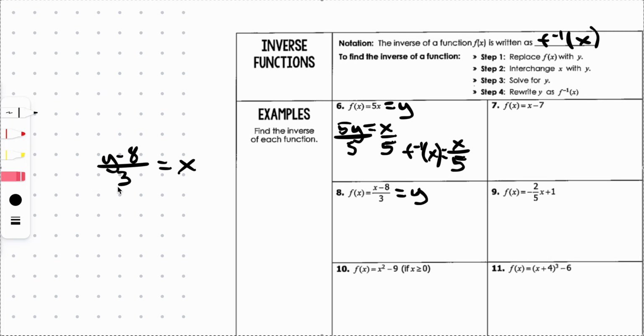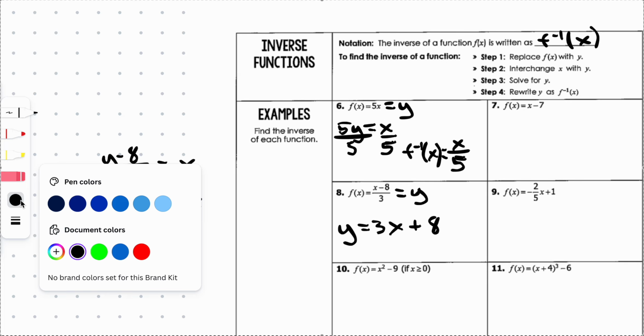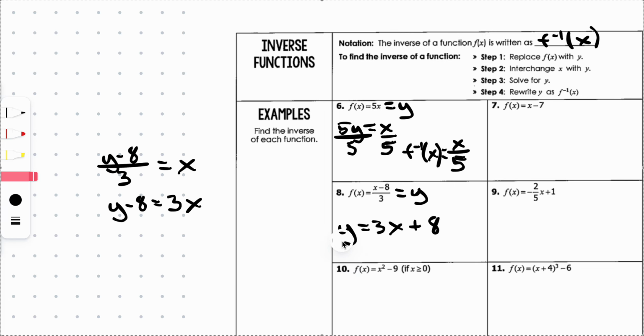So we want to isolate y now, so we need to multiply by 3. We get y minus 8 equals 3x. And now we just need to add 8 to both sides to get y equals 3x plus 8. We see quickly that this is going to be our inverse function. Okay, great.